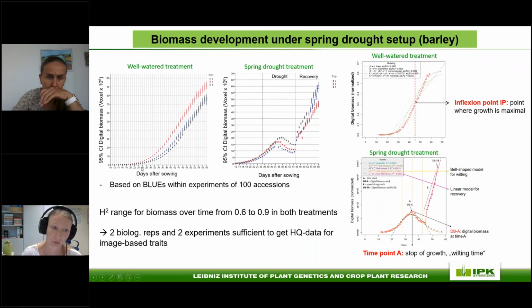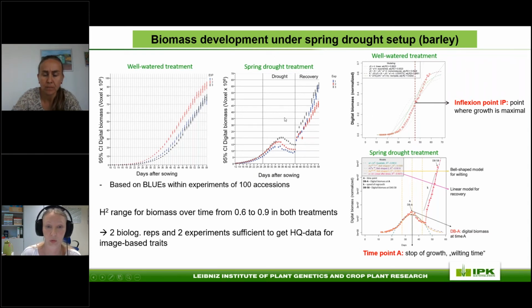And just one quick slide for the barley, it's how the biomass forms under both treatments. So we performed each 3 experiments with this panel. And in the well-watered conditions, of course, you have a continuous growth, which is more like reflecting a logistic growth curve.